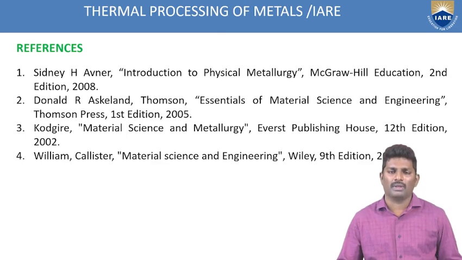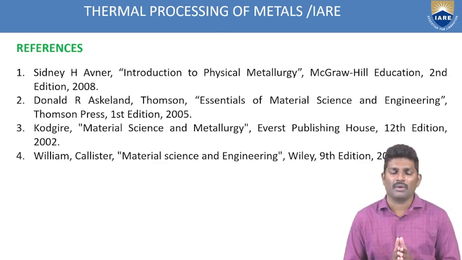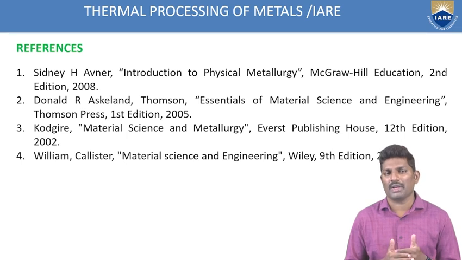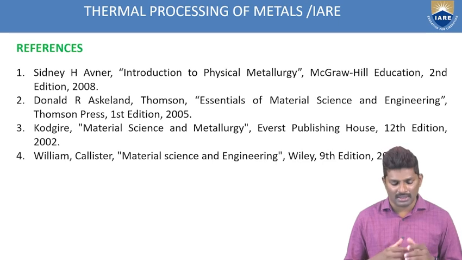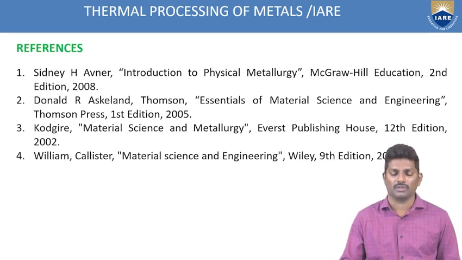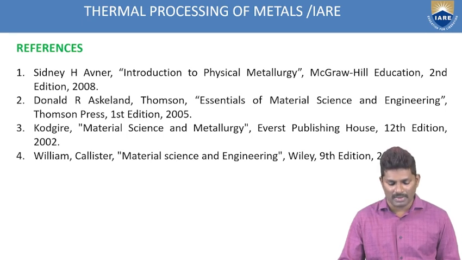Now, in order to learn how to draw the developments of the microstructure, how to identify the different compositions, what is happening at each stage, what the eutectoid temperature is, how the microstructure changes above and below the eutectoid temperature, and what the applications are to get uniformity in the structure, you can refer to these references: Introduction to Physical Metallurgy, Essentials of Materials Science and Engineering, and Material Science and Metallurgy.